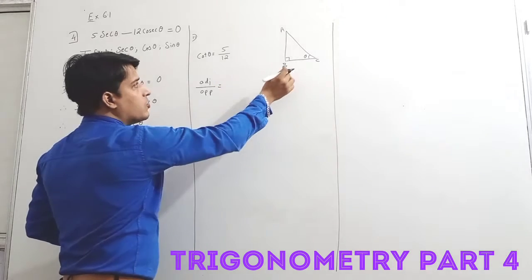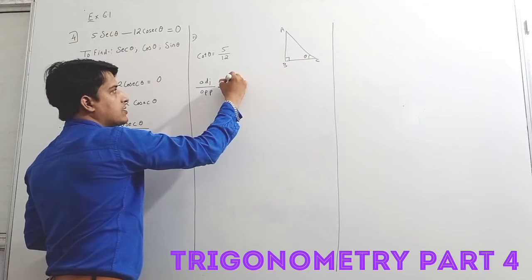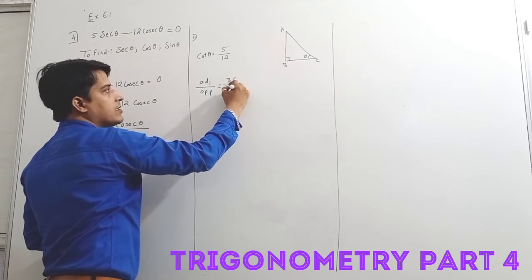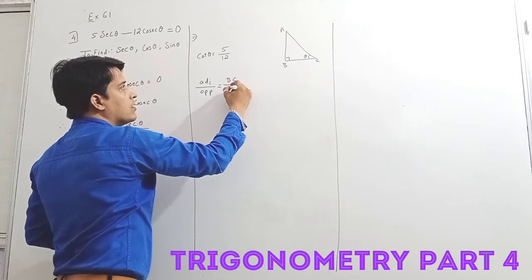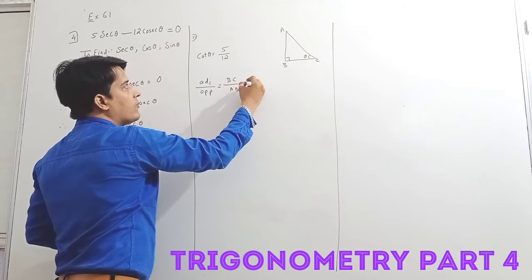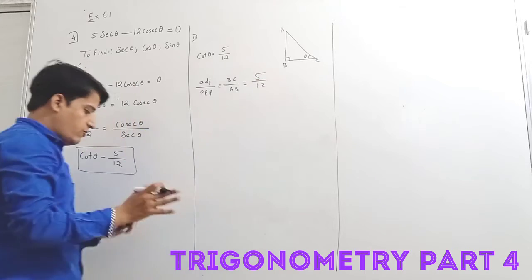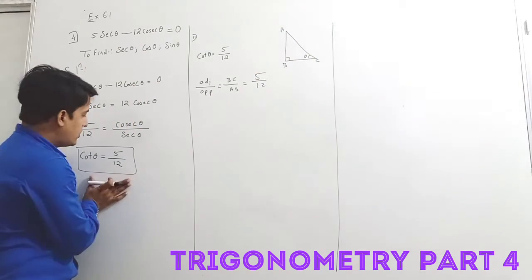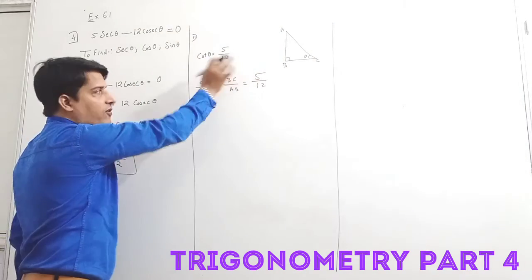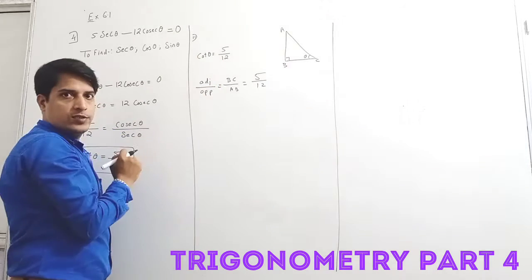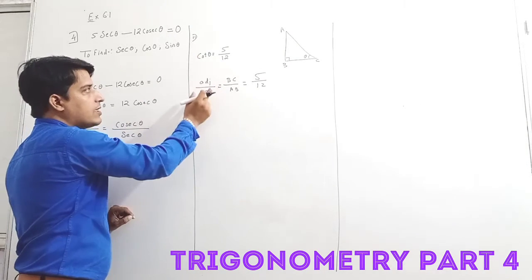The adjacent side is BC, whereas the opposite side is AB. For that we are going to get the value as 5 upon 12. Now I will explain this in detail. Cot theta we got as 5 upon 12. The formula for cot theta is adjacent side upon opposite side.